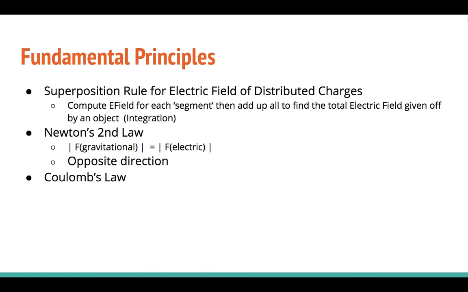However, the computer model will do this for us. Also, we use Newton's second law, where, as in Lab 1, the magnitude of the gravitational force is equal to the magnitude of the electric force, and these are opposite but equal, so they're in opposite directions. And also Coulomb's law, which helps us find the charge of an object.